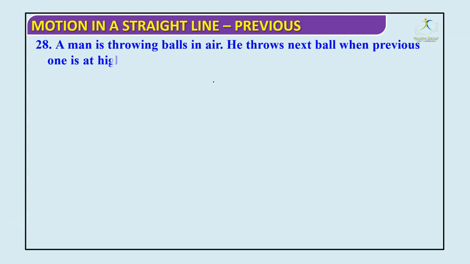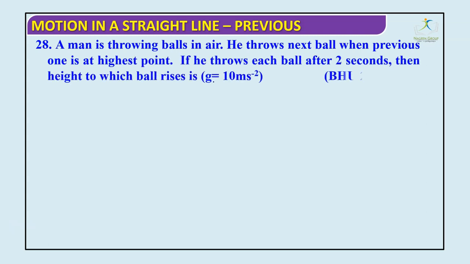Next question is, a man is throwing balls in the air. He throws the next ball when the previous one is at the highest point. If he throws each ball after 2 seconds, then the height to which the ball rises is? The acceleration due to gravity is given here, 10 meter per second square.